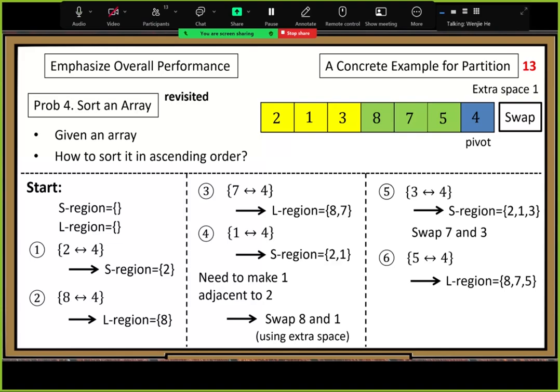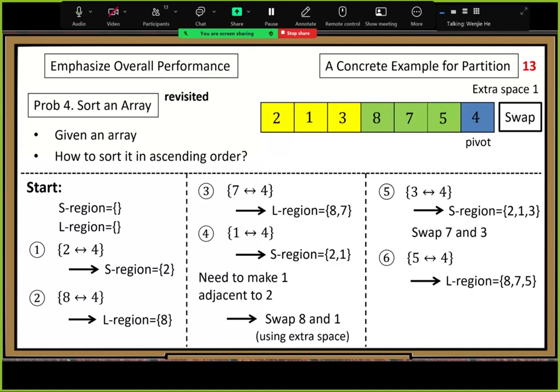After that, we finish scanning all the elements. For the last step, we need to put the pivot element in place. Another swap operation.